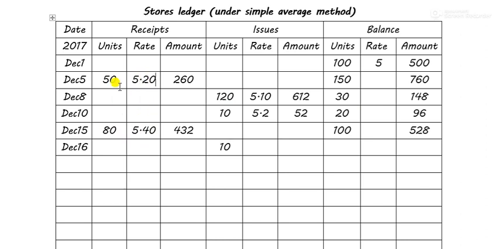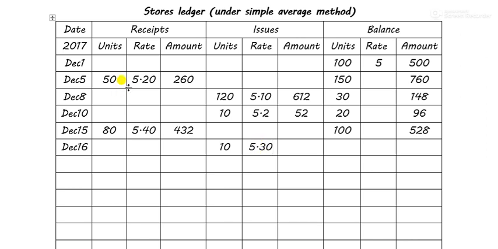We have these two lots left. So the rate of the abnormal loss shall be 5.20 plus 5.40 divided by 2, which means 5.30. Again go to the working column and write down: shortage on December 16 is equal to 5.20 plus 5.40 divided by 2 is equal to 5.30.